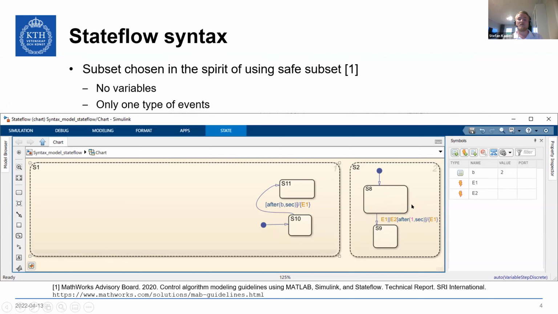So for this particular model, what will happen is that this clock would run out after 1 second, but this transition would not be made yet because we are waiting for an event. Then after 1 more second, so a total of 2 seconds in the system, this guard will be evaluated to true. There are no condition events, so this transition will happen. And when it happens, it broadcasts the event E1, which is received here and will cause this transition to occur as well at the same time.